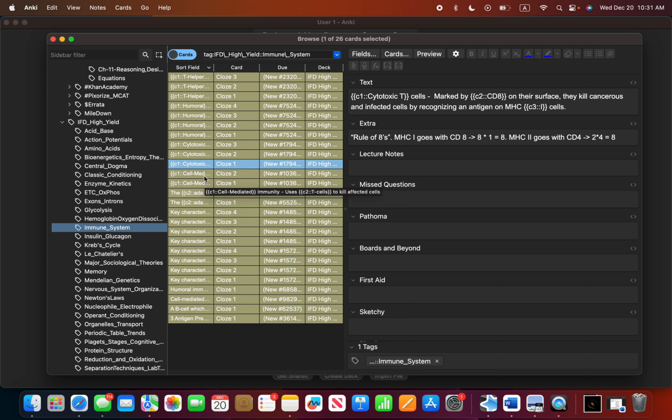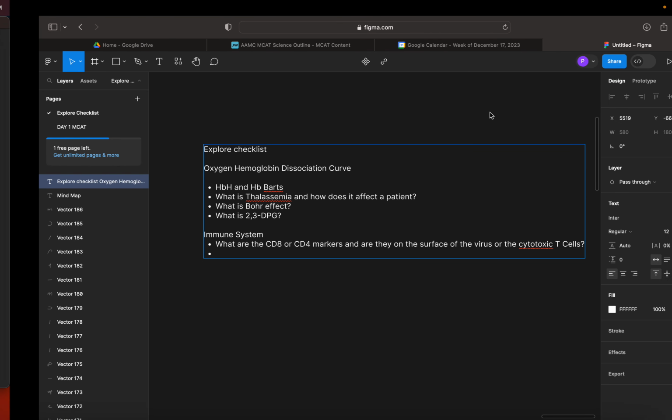Now, as far as I'm concerned, it's to know that the MHCs are antigens, so they recognize an antigen on MHC1 cells. So we have MHC1 cells and MHC2 cells, right?